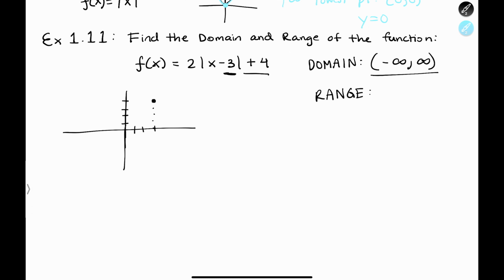It's kind of squeezed in because of this 2 in the front. So it's going to look something like this. And that goes up there. You get it. So the lowest point is at 4. And then it goes all the way to infinity.